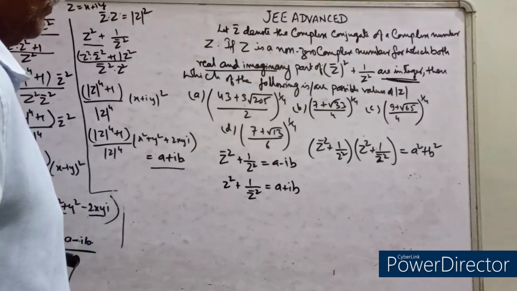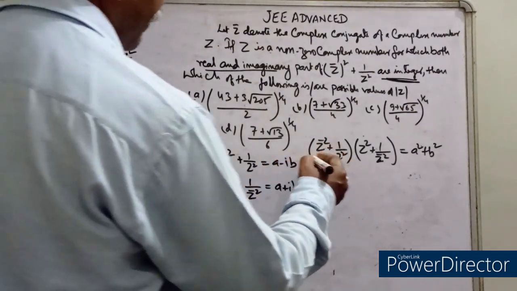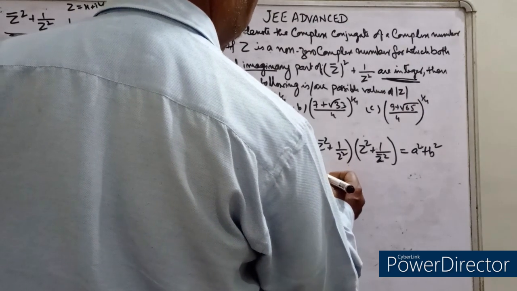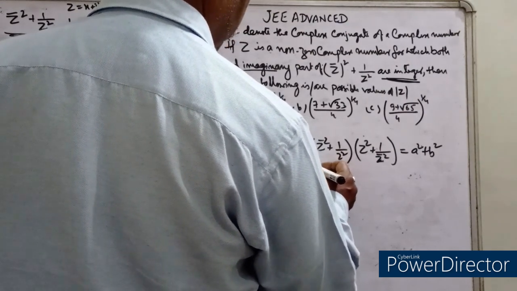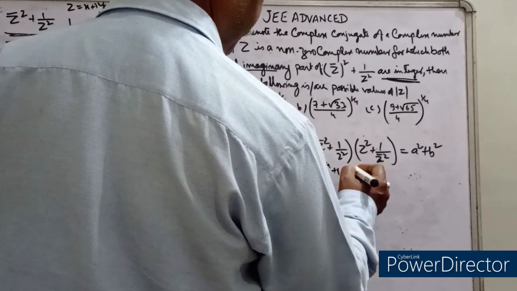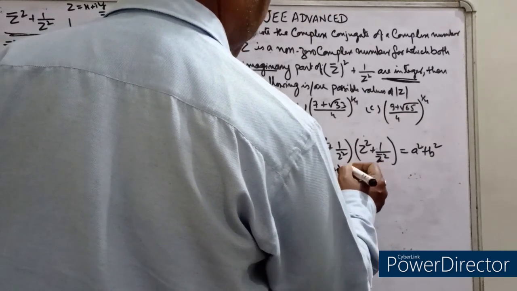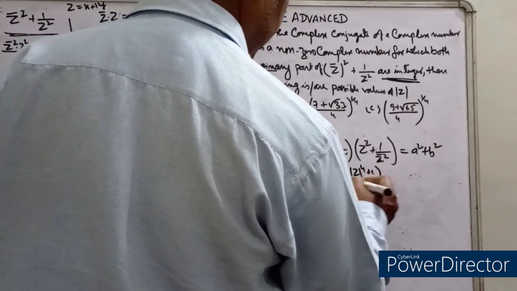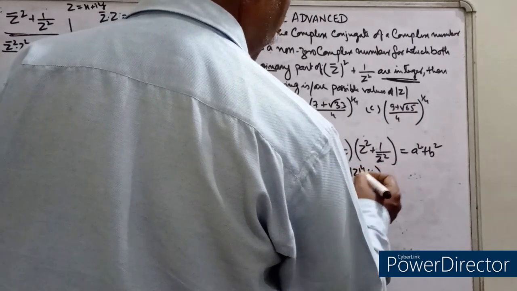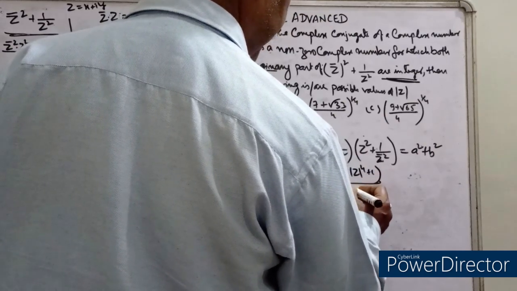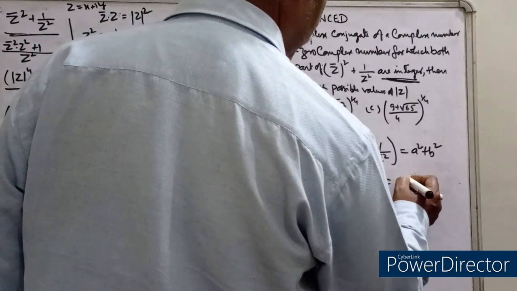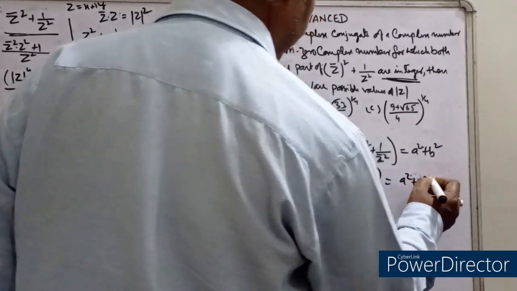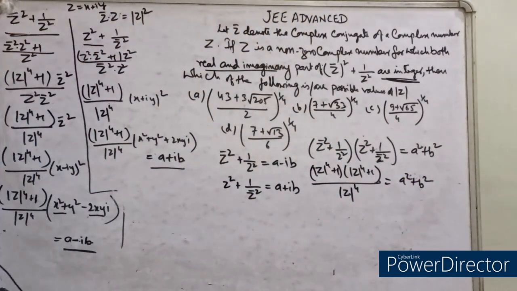Now if we take the LCM here, this will be modulus z to the power 4 plus 1, and this will be modulus z to the power 4 plus 1, and in the denominator it will be modulus z to the power 4, which is equal to a square plus b square. Such type of result I have got here.